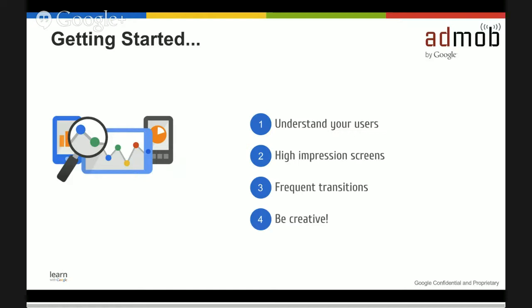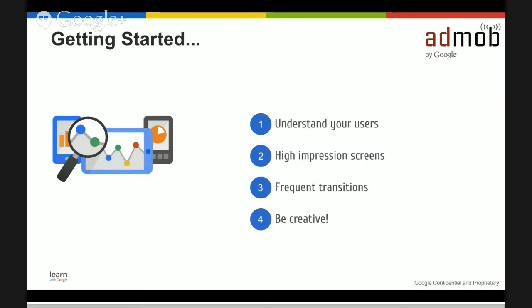So getting started, let's take a step back even further. Making money through AdMob is all about understanding your users and what they actually want from your content. So before you implement AdMob and think about new ways of monetizing your app, you should understand your users and decide what they want out of your content and how they're using it. I'll be touching on this in another session later on about Google Analytics, but it's really important to analyze your data.